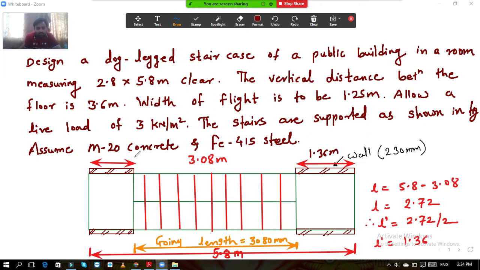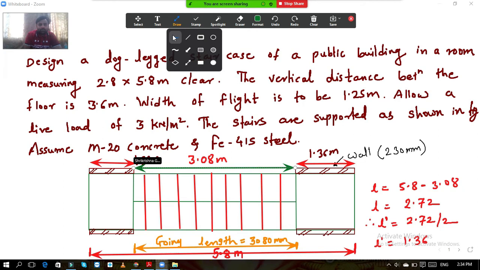This is also 1.36 meter. And this length from this point here to here is 3.06. So now this is our total staircase.